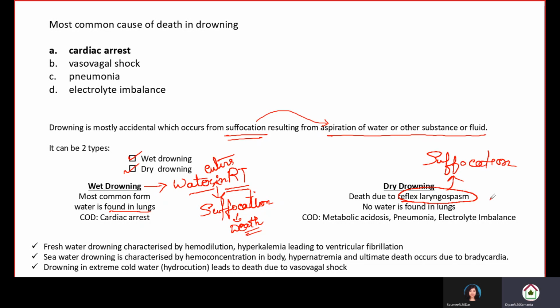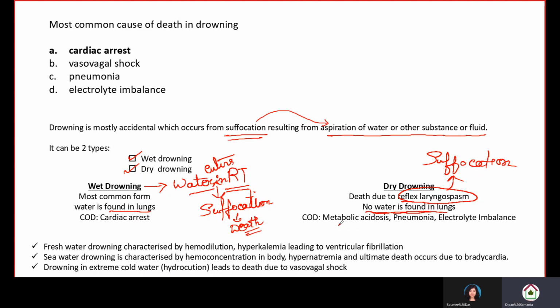Rather, as there is laryngospasm, the larynx becomes blocked and air cannot go into the respiratory tract, leading to death. But not essentially water is going and blocking the respiratory tract. And that is why we call it dry drowning. No water is found in lungs.